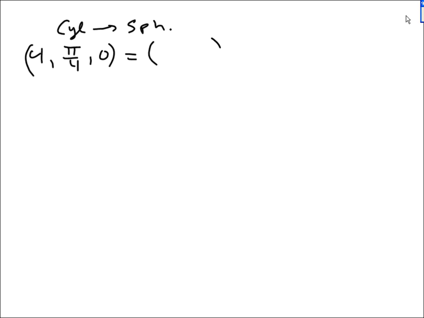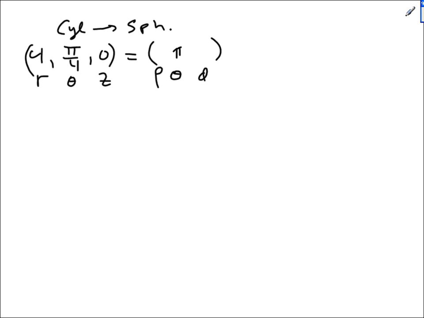We want to go from cylindrical to spherical. Say we have 4, pi over 4, 0. And we want to know what this equals in spherical coordinates. Remember, that's r, that's theta, and that's z. And I want to know what rho, theta, and phi is.